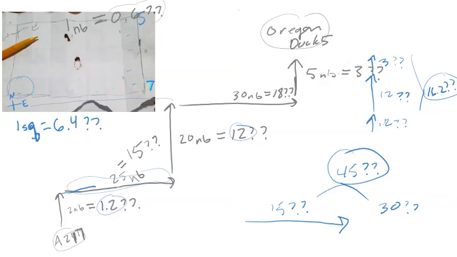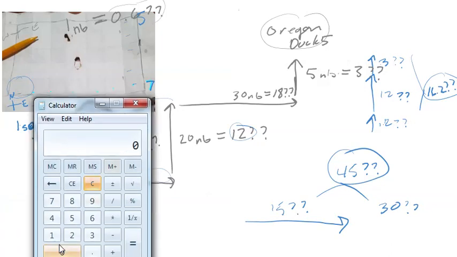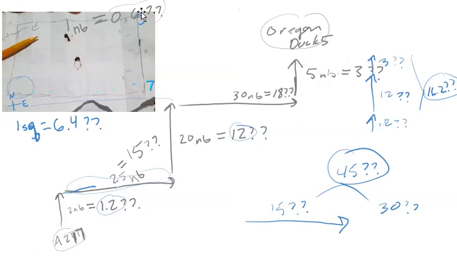How many is it going to take up if I have 16 sticks? So let's just divide 16.2 by 6.4, and this is just a check. You don't have to do this step. 2.5. Do I have more than 2.5? Yes. Most of you could have probably done that in your head. That's fine. I just wanted to point out that you need to make sure it fits in both directions.